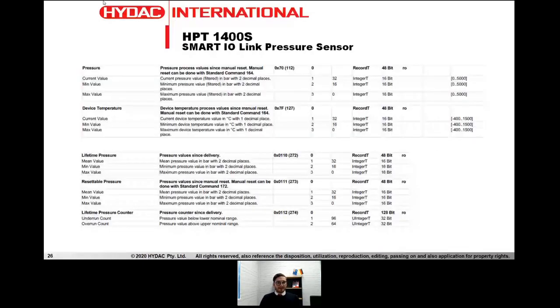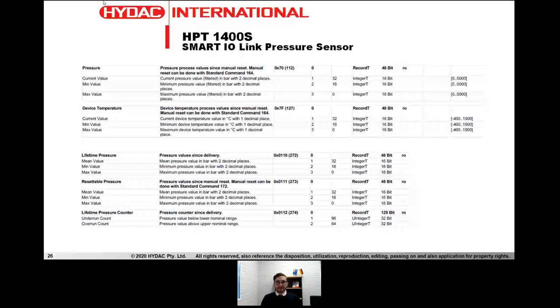So one of the things that it can log is, when you're connecting this via IO-Link, obviously you can see the current values. What I'm showing you now is a data sheet, or the electronic data sheet for IO-Link sensors, which is called an IODD file. And there's one website that keeps all of the IODD files for every single IO-Link sensor in the world.